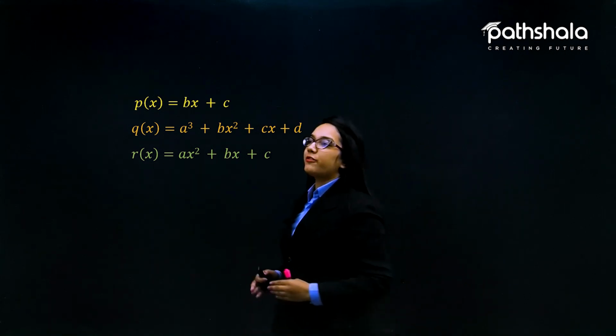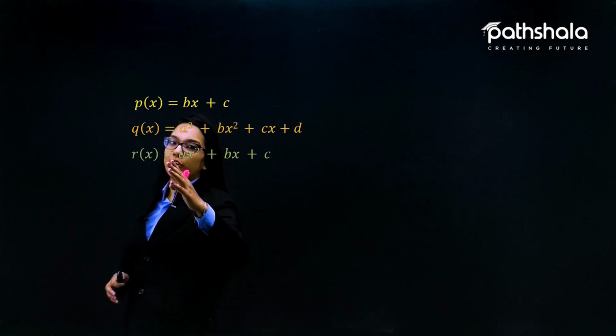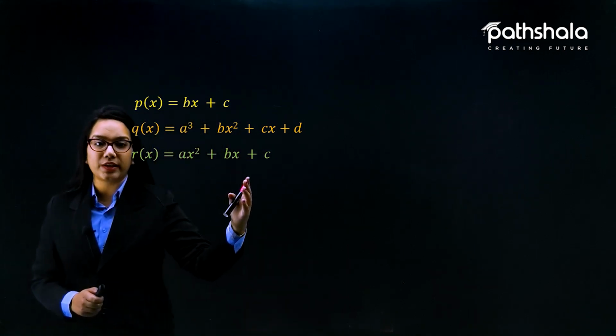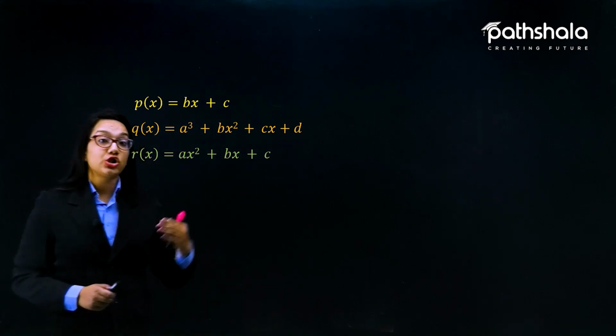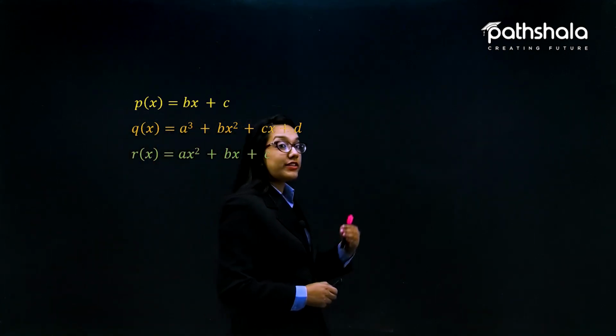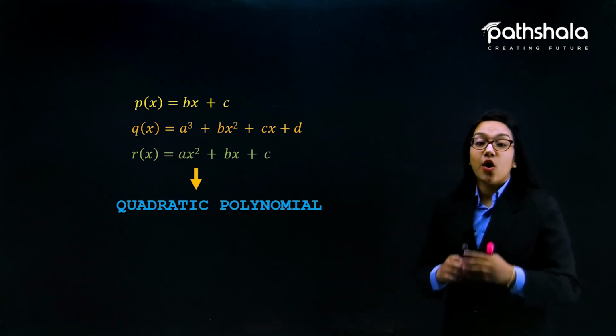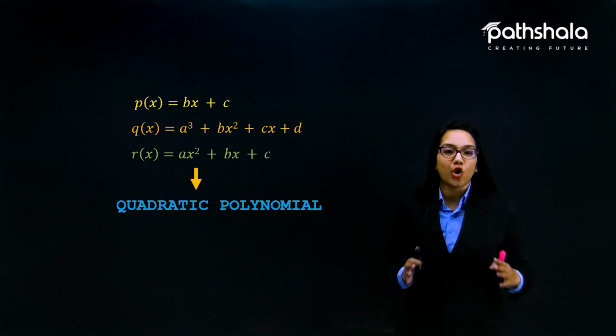But suppose we are talking about this type of polynomial, Rx is equal to ax square plus bx plus c. Such a polynomial has a special name, which is called a quadratic polynomial.